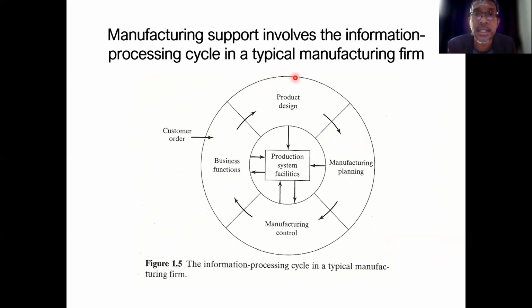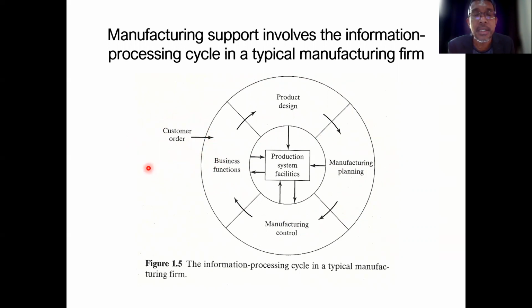The cycle in a typical manufacturing firm can be shown by this one. You can see here the process always starts from the customer side, with customer ordering through the business function, business unit or marketing. They come from here, and they will end here as well.